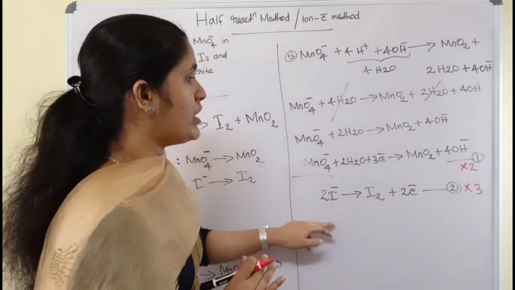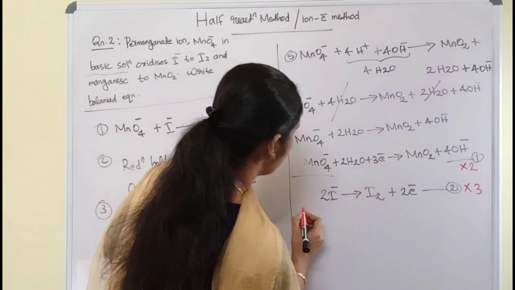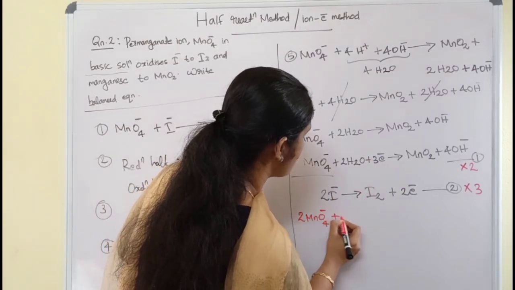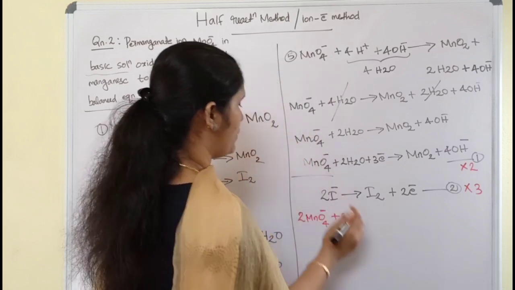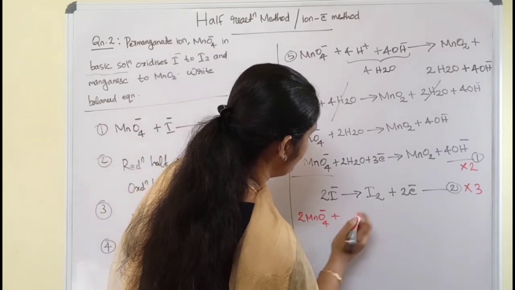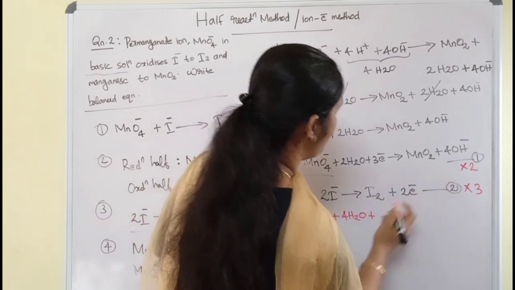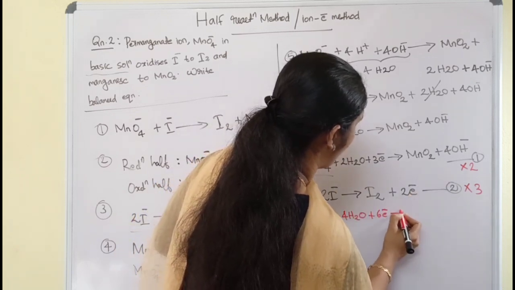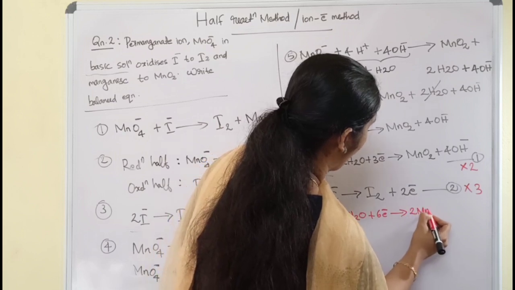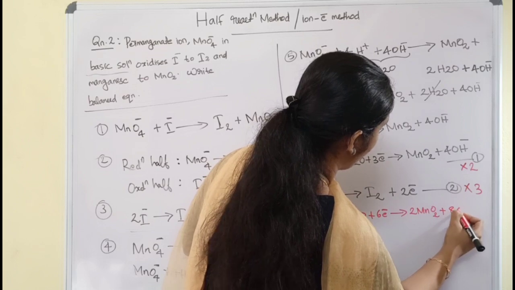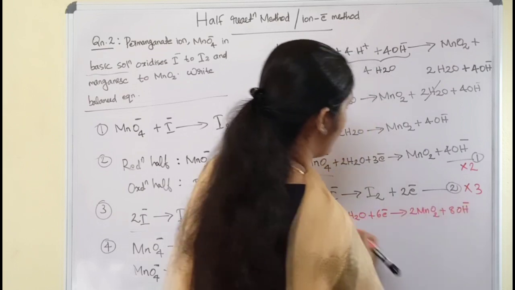Okay, so when multiplying with 2, this equation turns to 2MnO4 minus plus 2H2O turns to 4H2O plus, 3 into 2, 6 electrons, gives 2MnO2 plus, 2 into 4, 8OH minus.